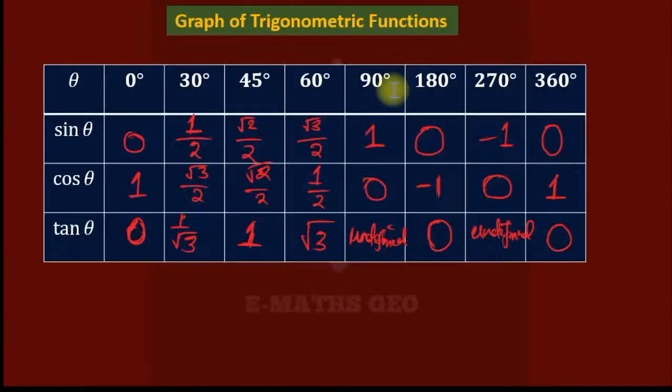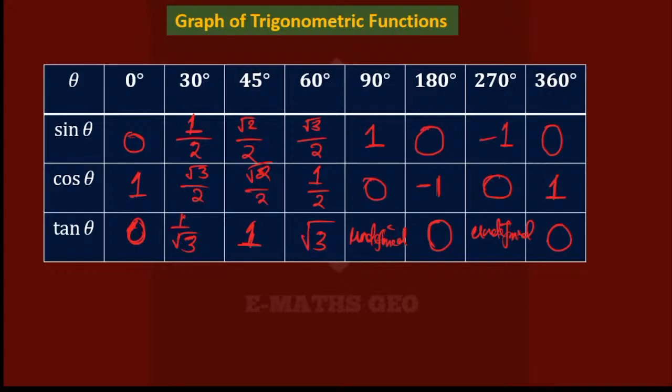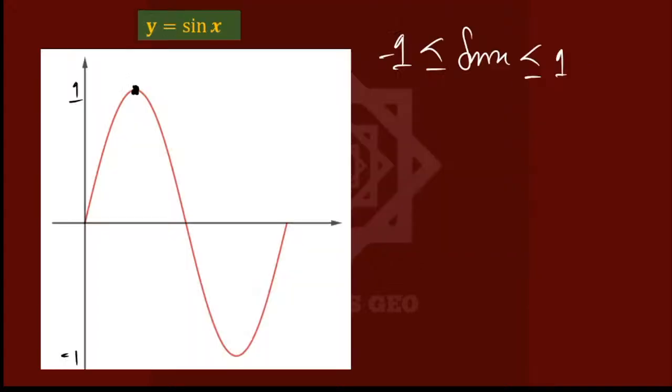It's 90 degrees that gave us 1, while the minimum is at 270. So here the x value is 270 degrees, and here it is 90 degrees.